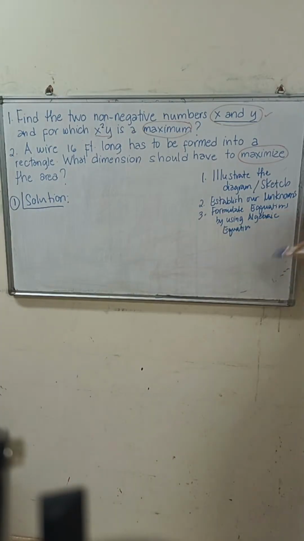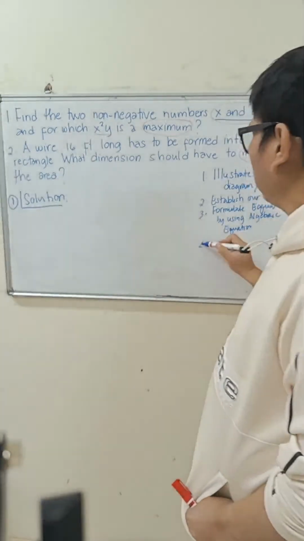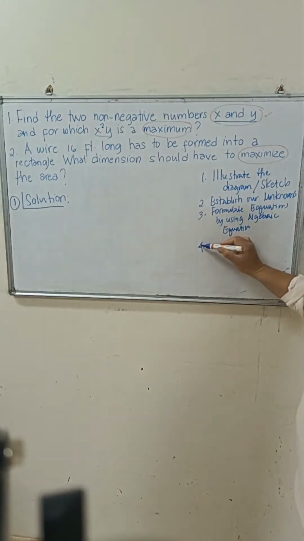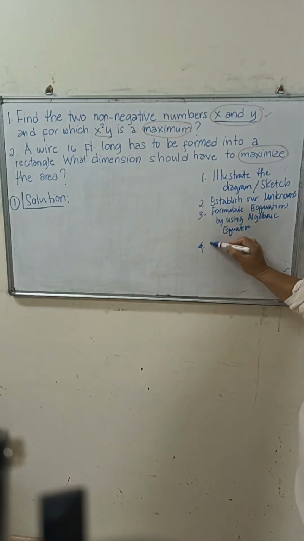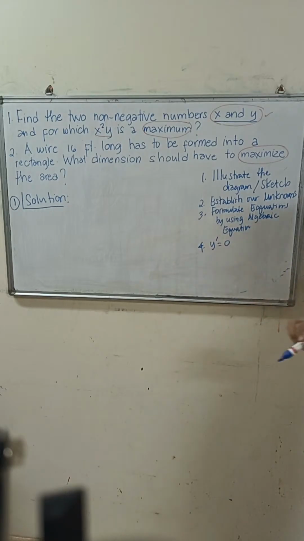Or let's say formulate equations or formulas by using algebraic equations. Number four, you need to set your first derivative equal to 0, so that you get one variable only.